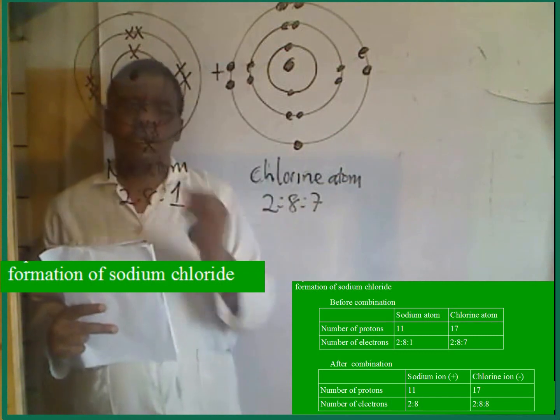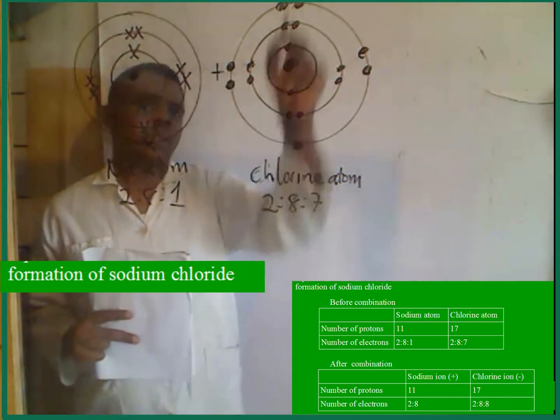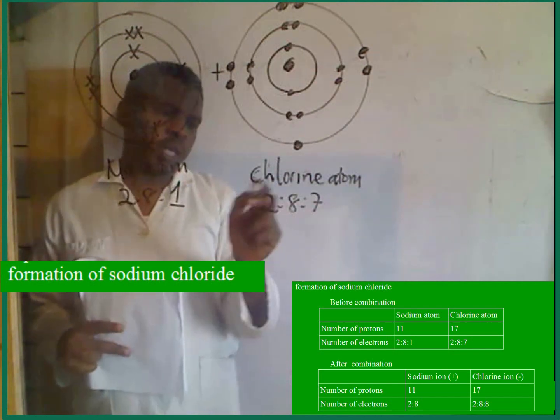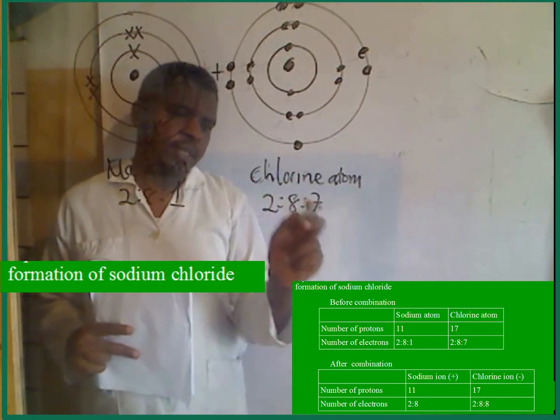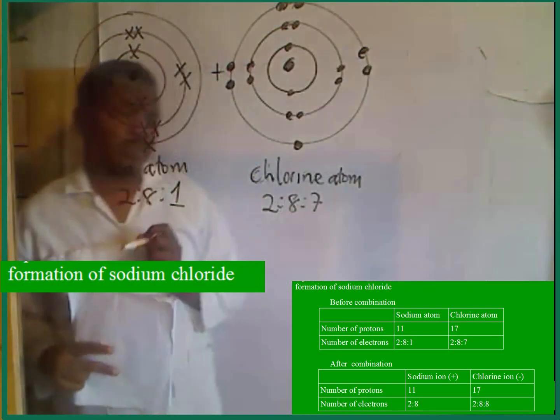This is our sodium atom with electronic configuration 2,8,1. This is a chlorine atom with electronic configuration 2,8,7, and these are represented on the shells.